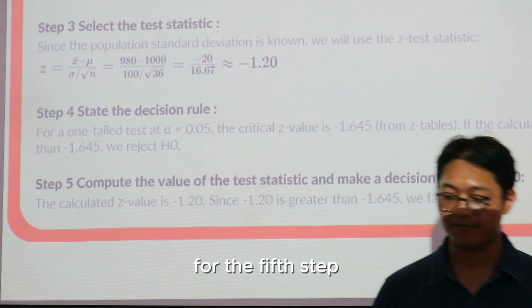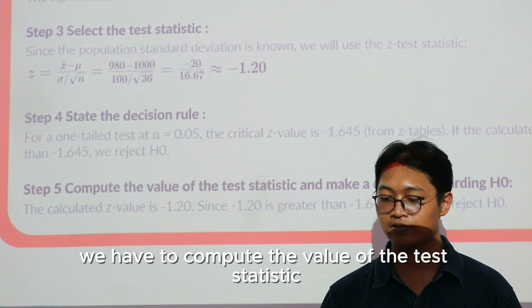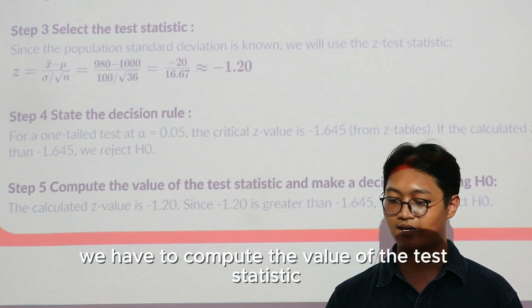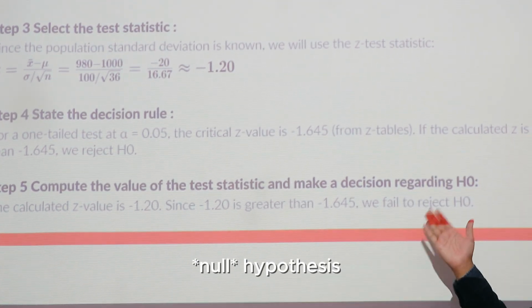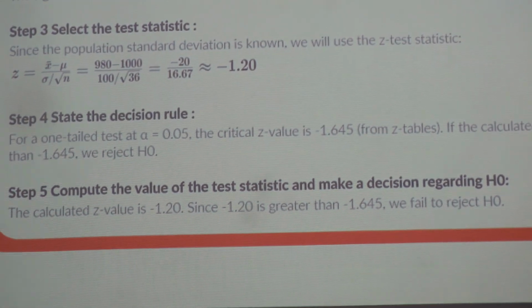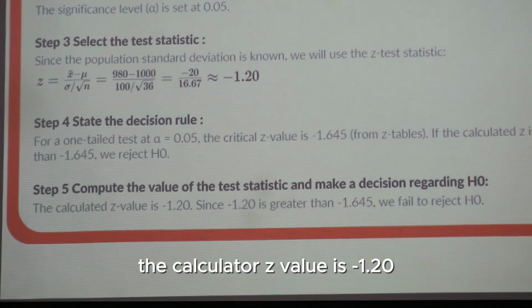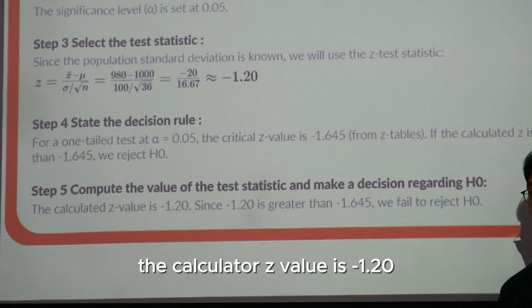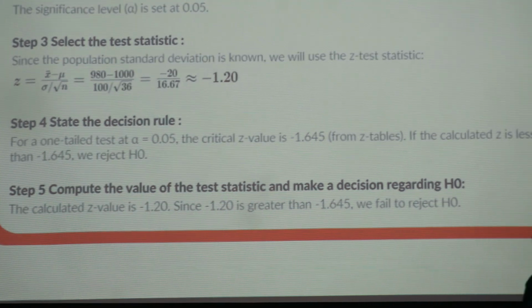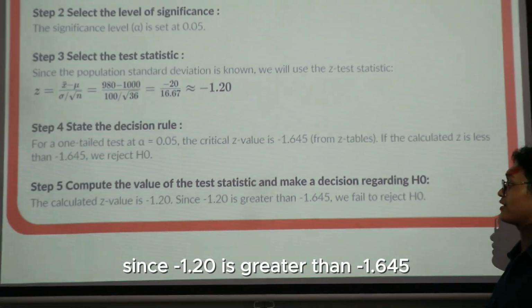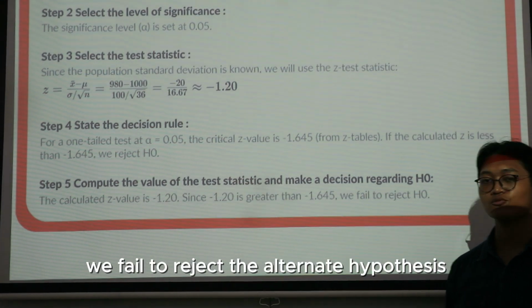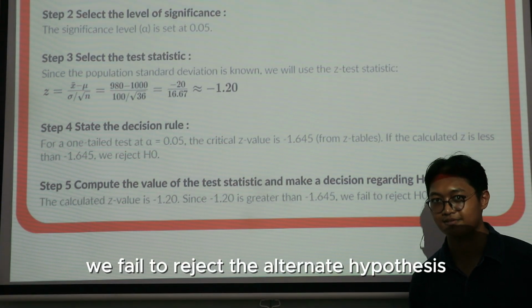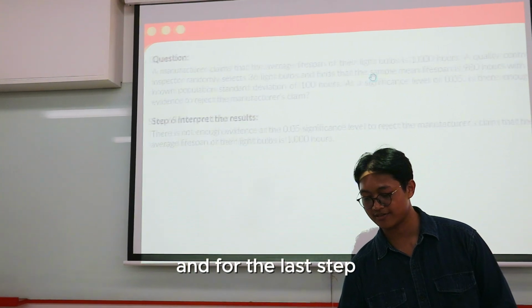For the fifth step, we compute the value of the test statistic and make a decision regarding the null hypothesis. The calculated z value is minus 1.20. Since minus 1.20 is greater than minus 1.645, we fail to reject the null hypothesis.